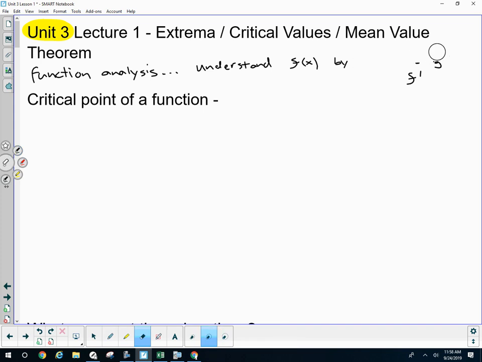I understand f by understanding f prime, by analyzing it.